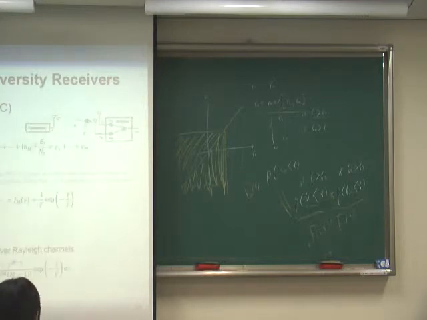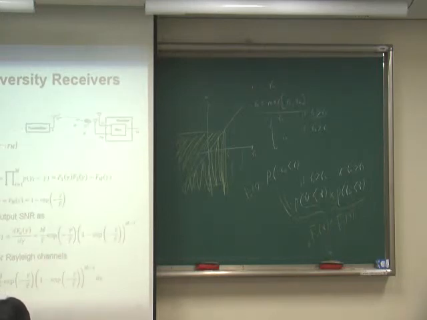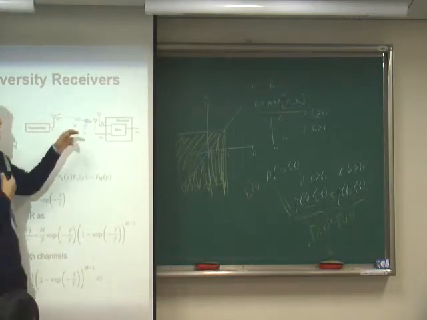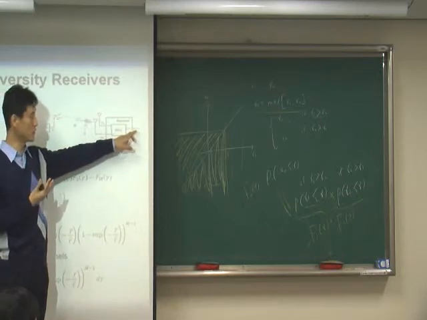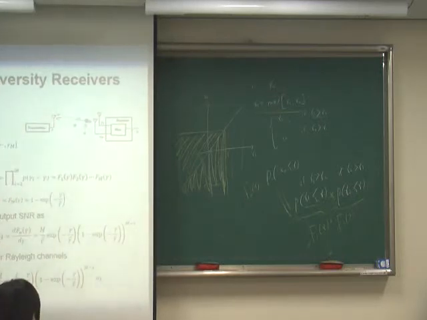Let's compare with MRC. In the MRC case, the PDF of SNR looks like this, right? But in the case of selection combining, our PDF looks like this. So what I'm saying is that if you design your own system, then using these mathematical techniques, you try to find the PDF of the output SNR of your system, and then you get some PDF, right?